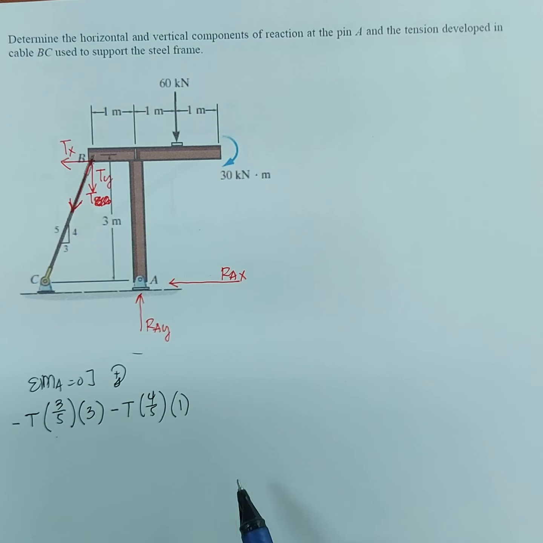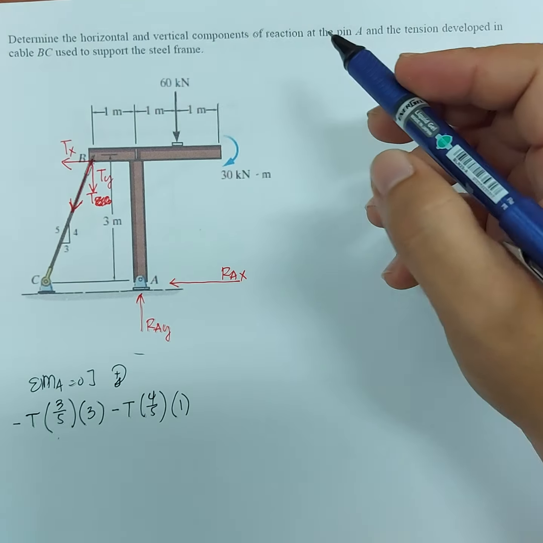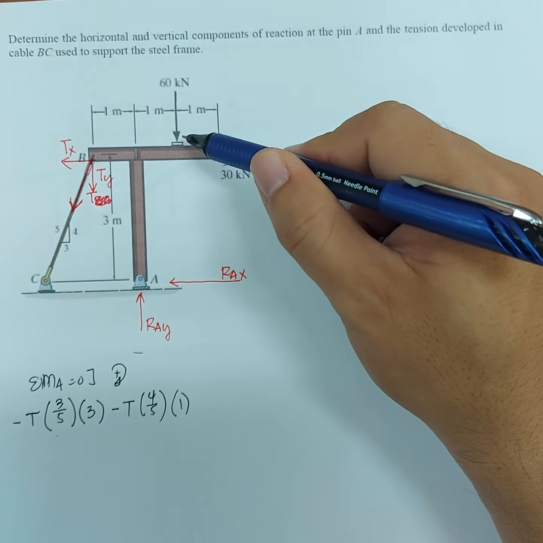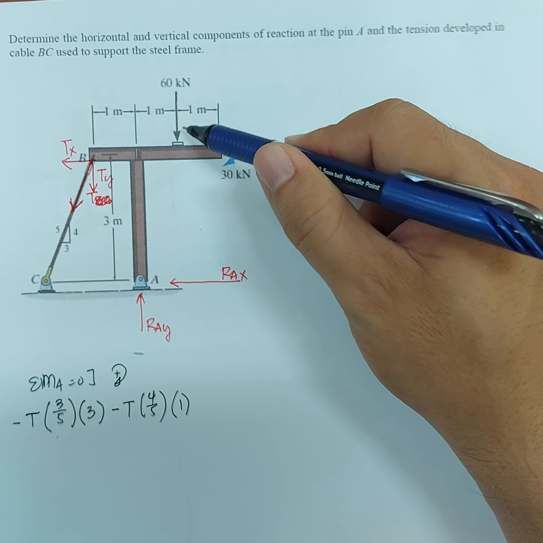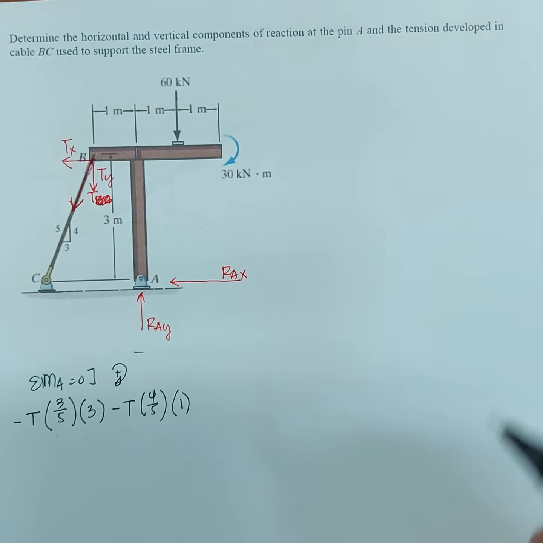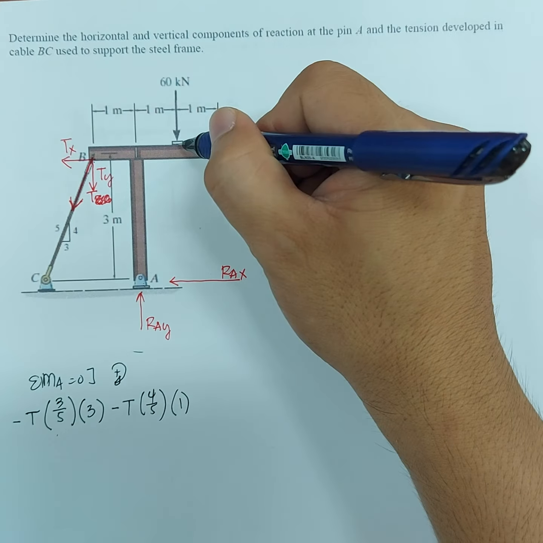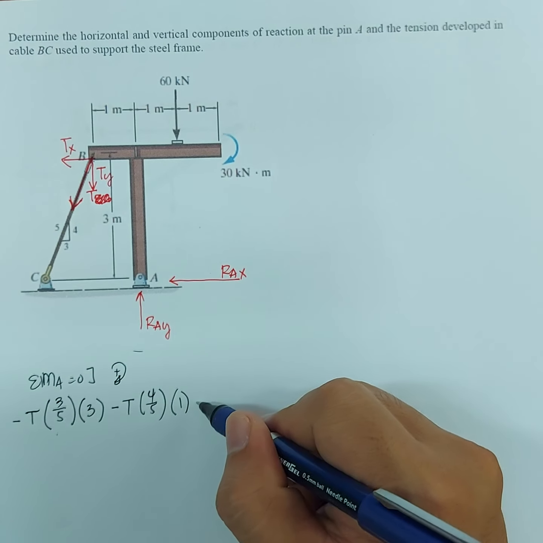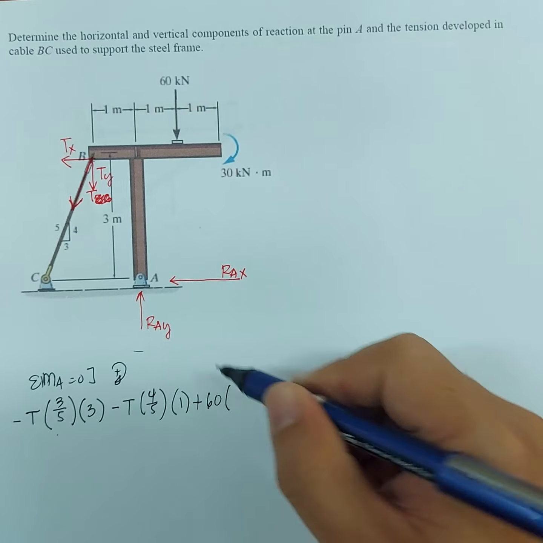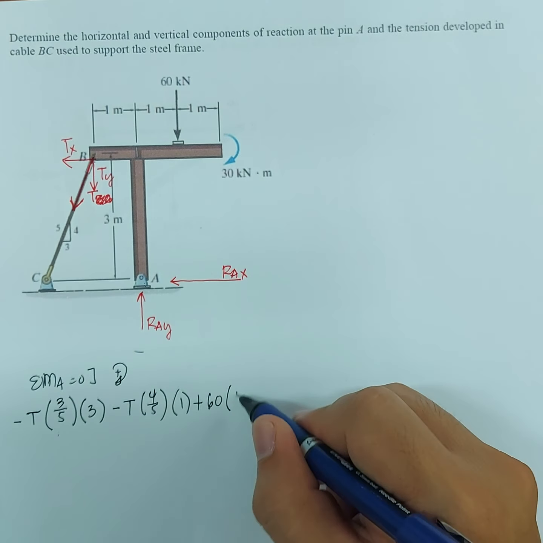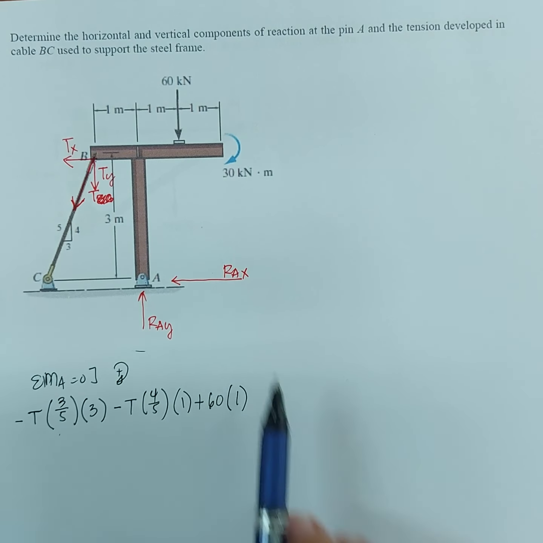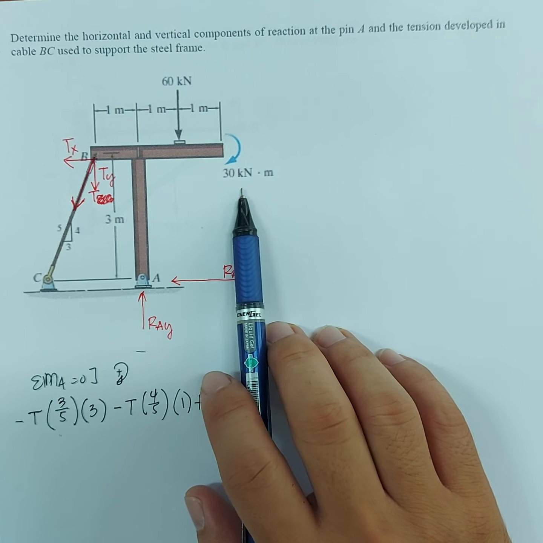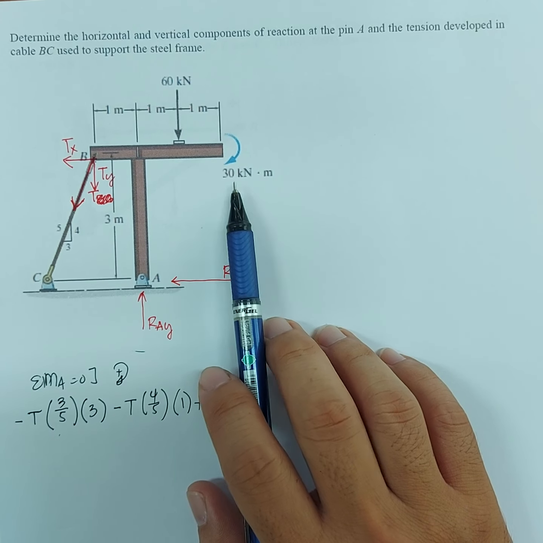Okay, next. What else has a moment? The 60 kilonewton force, its moment about A. This time, the rotation caused by the 60 kilonewton force is clockwise, so plus 60 times its moment arm of 1 meter. And do not forget, we have a couple here, a couple moment.